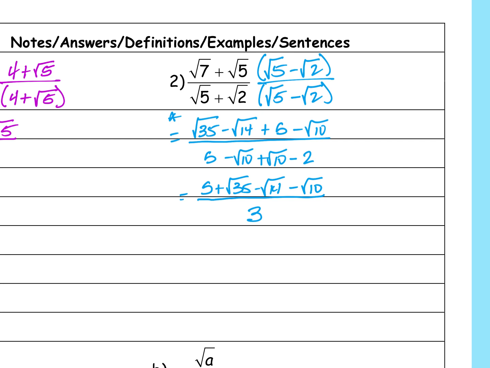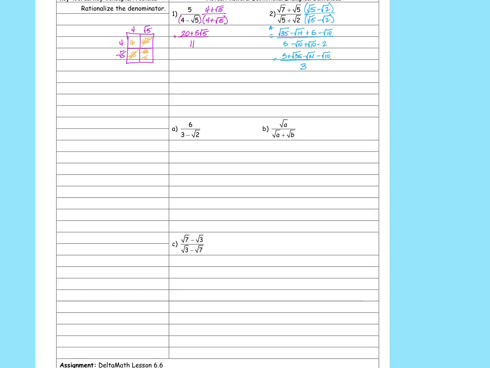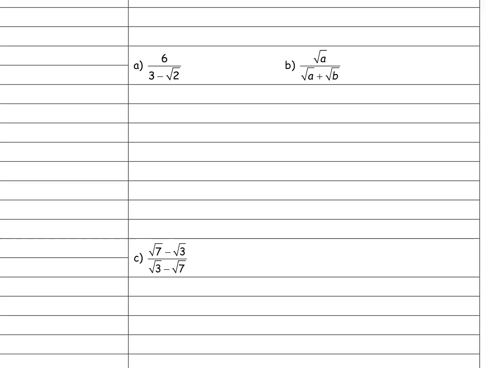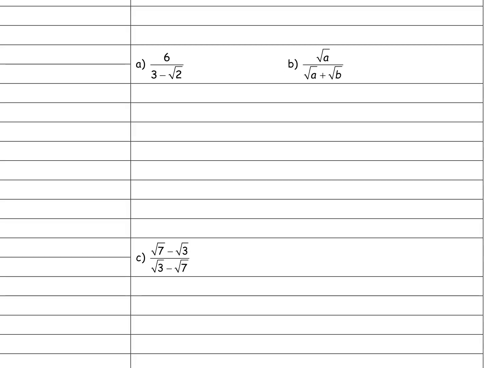So let's go ahead and have you guys try this. Got 3 problems there. If you have a question on one of them, let me know and I'll do the whole thing on it. So number A should equal 18 plus the square root of 2 divided by 7.